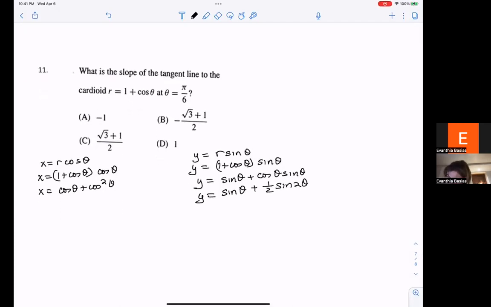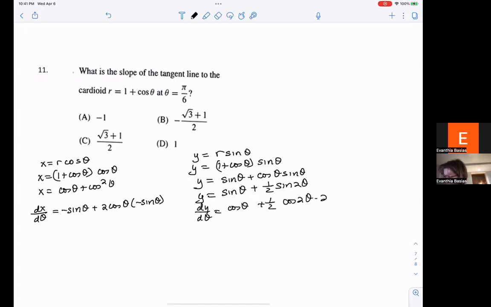So dx d theta here would be negative sine theta plus 2 cos theta times negative sine theta. And dy d theta would be cos theta plus 1/2 cos 2 theta times 2.